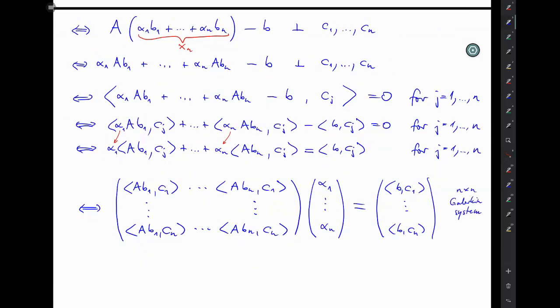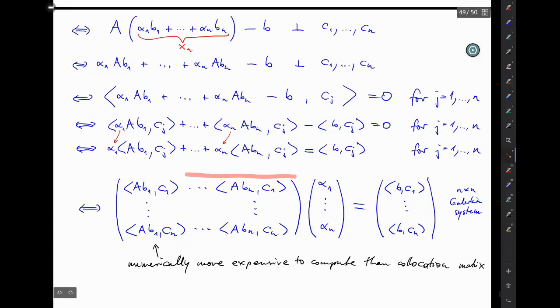Excellent. So let's take a deep breath and make a couple of comments. First comment is about that matrix here, which is of course the key part of this system. The computation of that n by n Galerkin matrix is generally numerically more expensive than the computation of the collocation matrix.